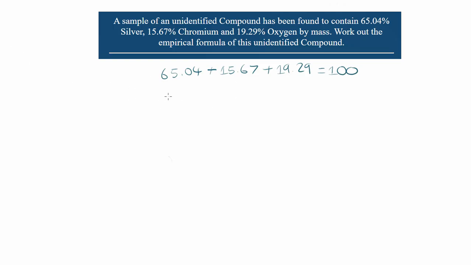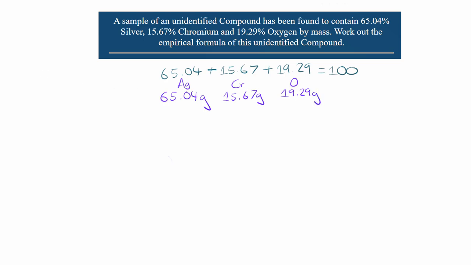So this is therefore going to be 65.04 grams, and that's for silver, so that's Ag. Then for chromium, which is Cr, we're going to have 15.67 grams, and for the last one, oxygen, we're going to have 19.29 grams.